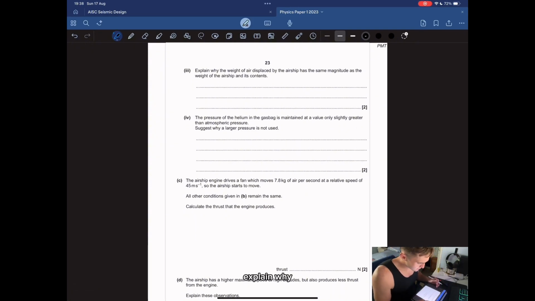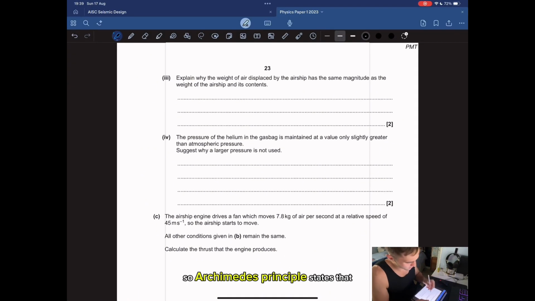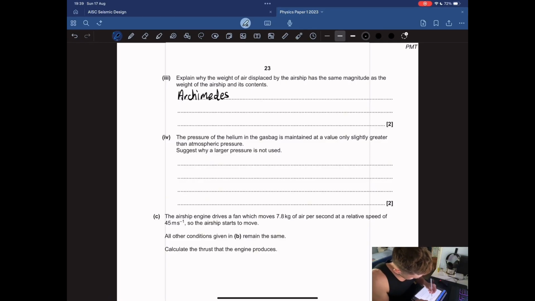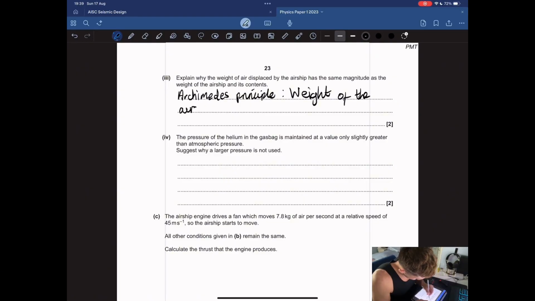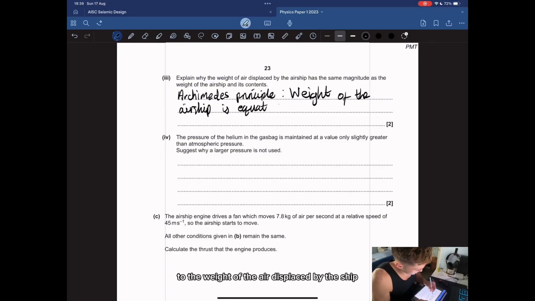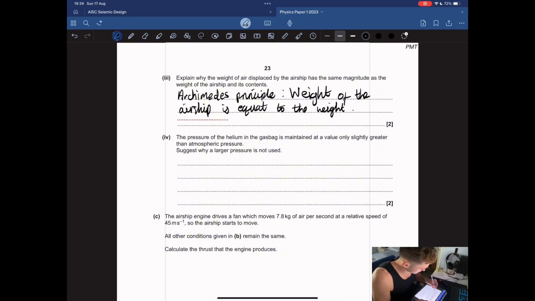Next one is explain why the weight of air displaced by the airship has the same magnitude as the weight of the airship and its contents. So Archimedes' principle states that the weight of the airship is equal to the weight of the air displaced by the ship.